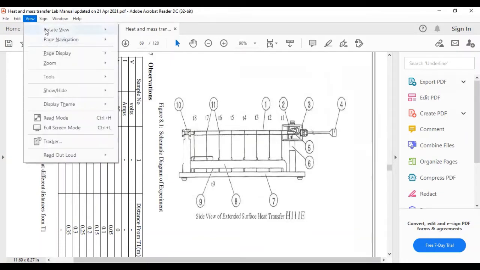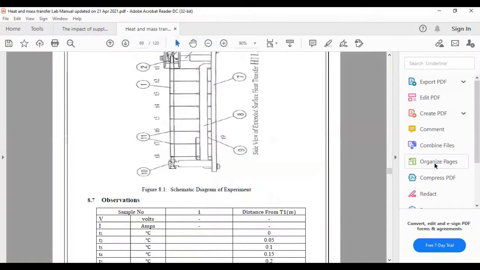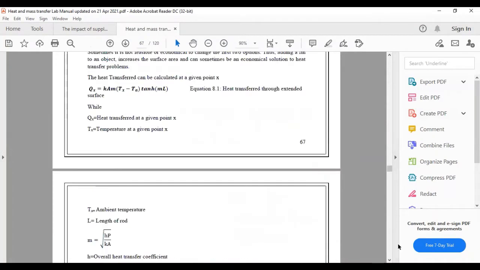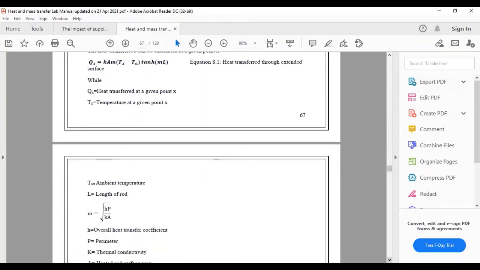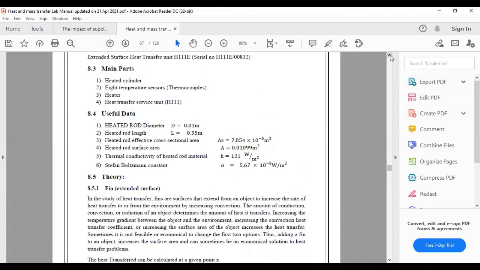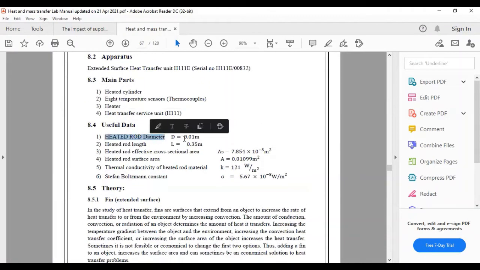Before proceeding, I would like to show you some dimensions which are already known about this apparatus. These include different values: the diameter of the rod is 0.01 meter, the length of the rod is 0.35, and the heated effective cross-sectional area is also given.